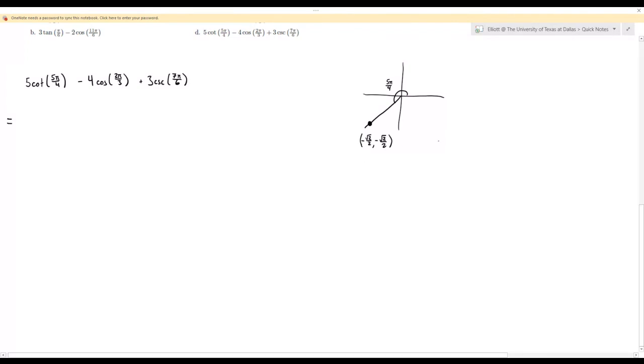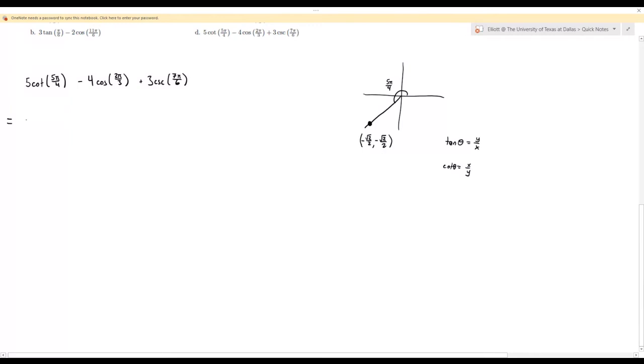Now, remember that here we have cotangent. So I remember that tangent is y over x, meaning that cotangent would be x over y. So here, if we do the x-coordinate over the y-coordinate, since they're both the same, they would just cancel out.